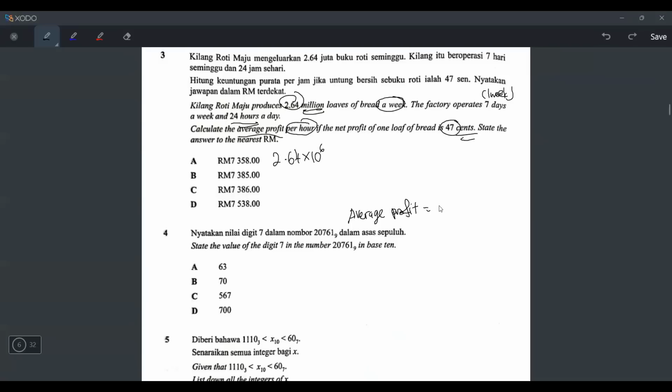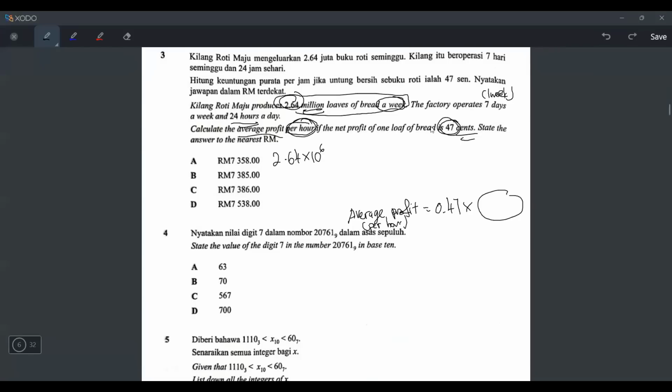So if 1 loaf of bread is 47 cents, it means 0.47 times the total number of loaves of bread. But they want average profit per hour. So I have to take 0.47 times the number of loaves of bread, but not this one, because this one is in a week. I want it in 1 hour.